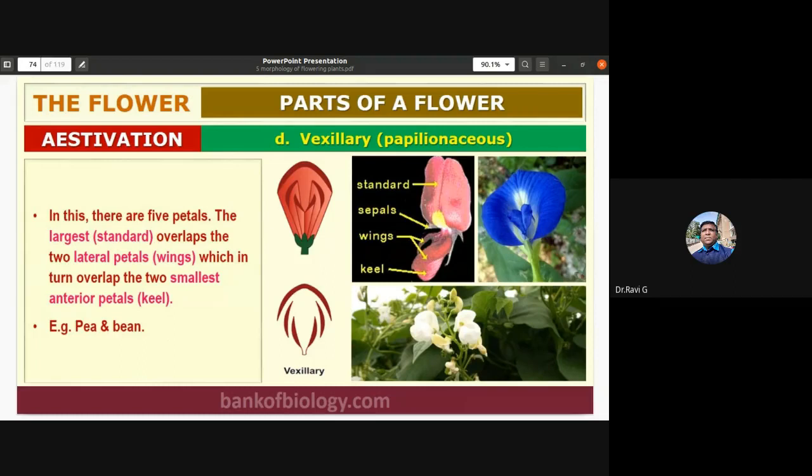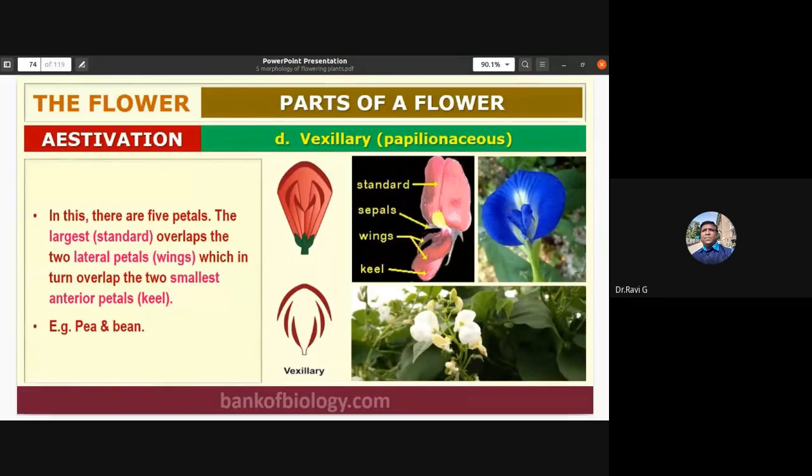What is unique is that two petals are completely in, two petals are completely out, and only one is in and out. Out of five petals, two are completely inside, that is overlapped, two are completely outside, that is overlapping, and only one petal is partially overlapping, partially overlapped. This condition we call quinquential estivation.